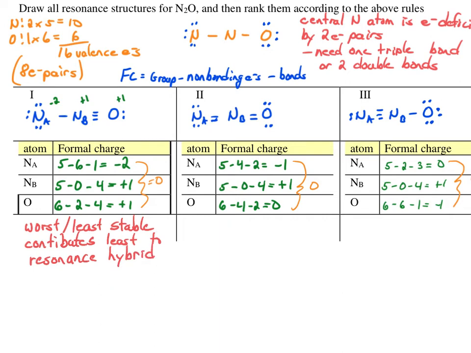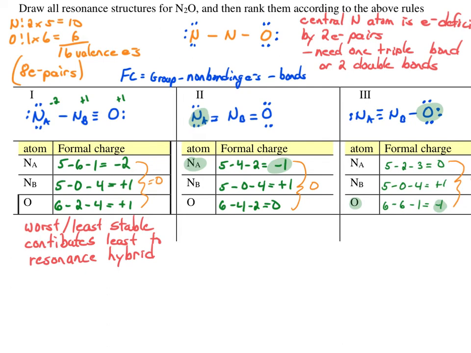Okay, the only difference between structures 2 and 3 is where the -1 charge is. So if we look at structure 2, we see the -1 charge here is associated with a nitrogen, and in structure 3, the -1 charge is associated with the oxygen.